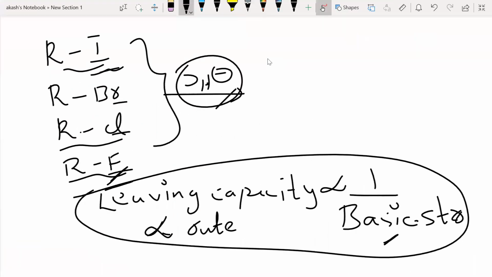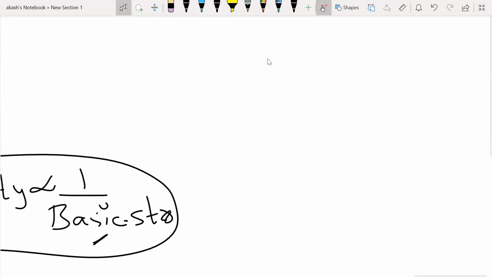I think in this page itself I can continue because it's nucleophilic substitution only. So when SN2, we know what this 2 represents. This 2 represents a bimolecular reaction. The order of the reaction is 2.